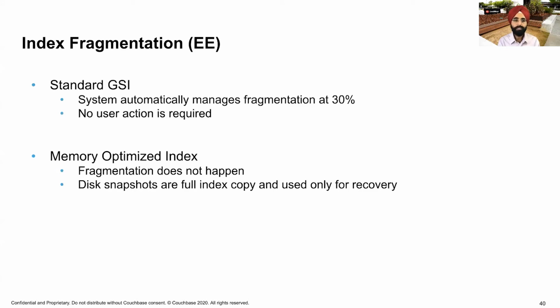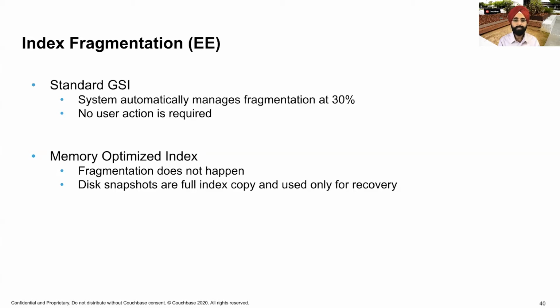Index fragmentation. For standard GSI, in the Enterprise Edition, the system automatically manages index fragmentation at 30%. There's no user action required. Whenever the system sees that the fragmentation is beyond 30%, it will automatically try to run its compaction and get it below this threshold.